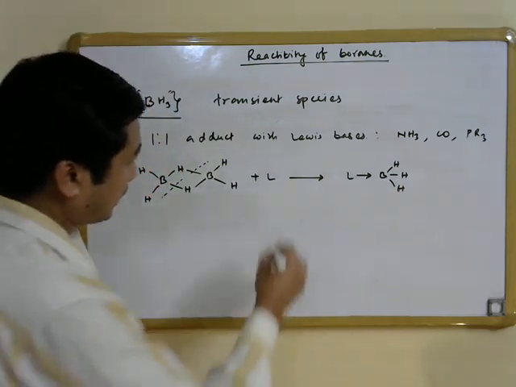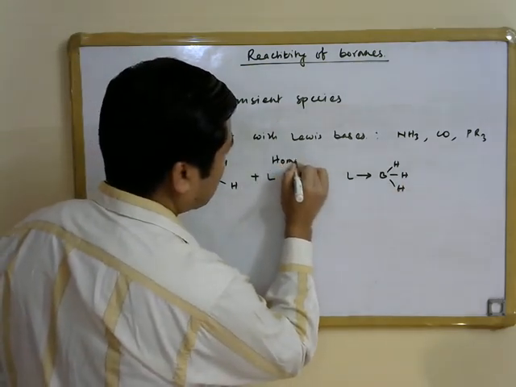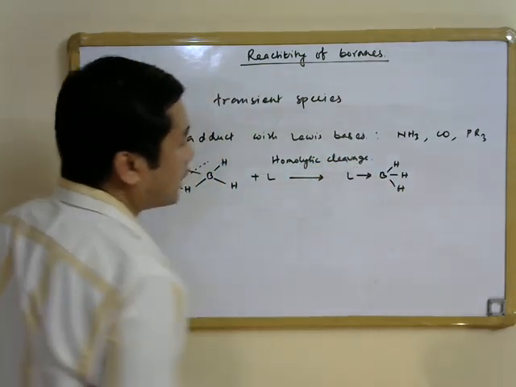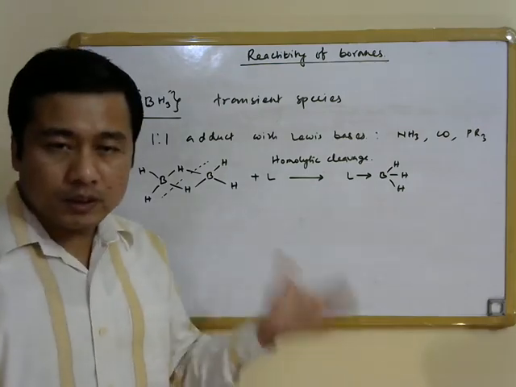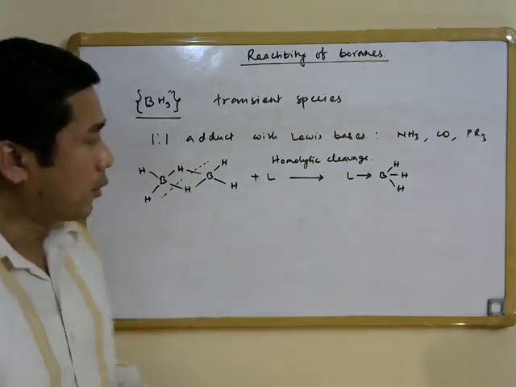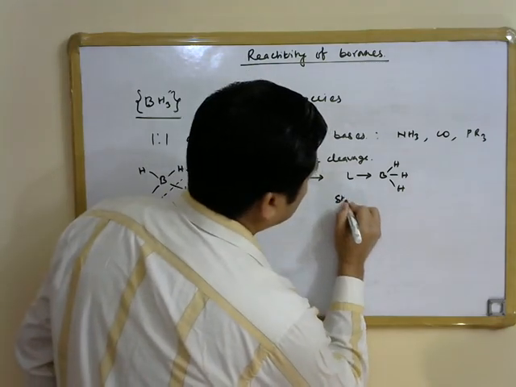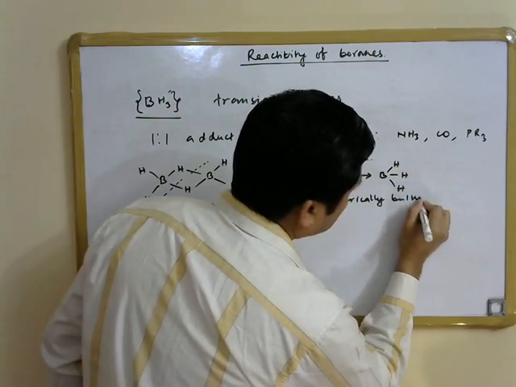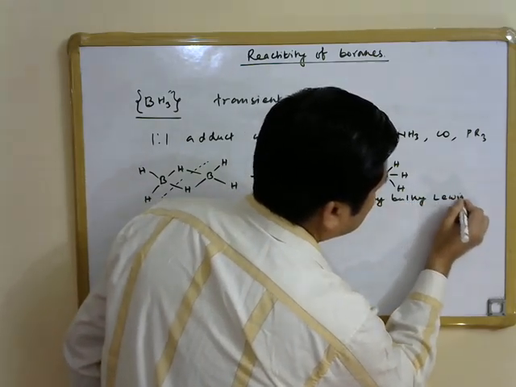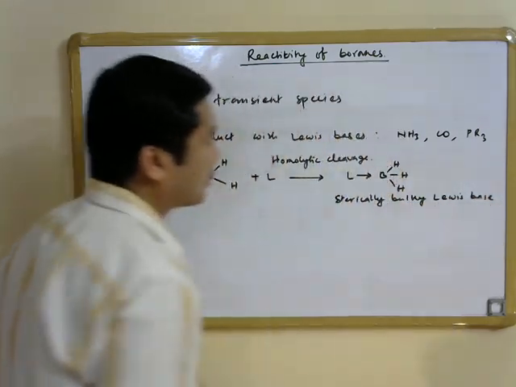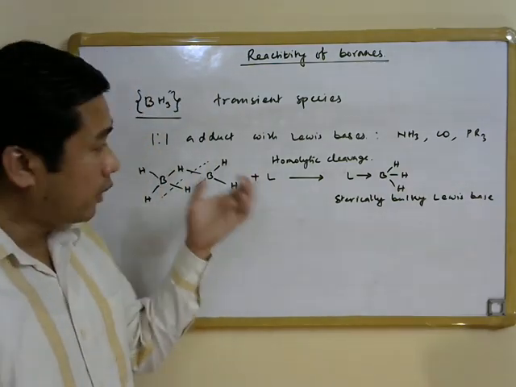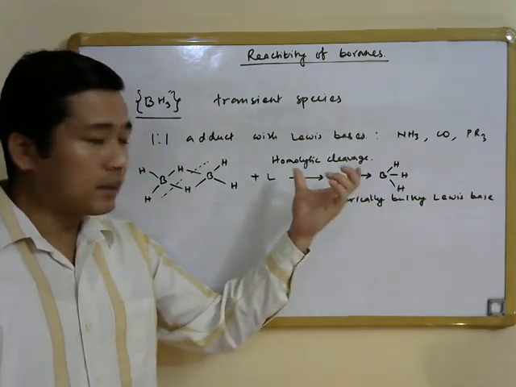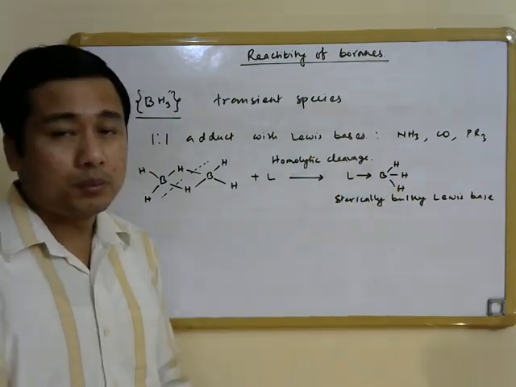So this is homolytic cleavage of diborane. And this happens when the Lewis base that we use is sterically bulky in nature. So when we use a sterically bulky Lewis base, then we trigger the homolytic cleavage of the diborane molecule to give us this sort of 1:1 Lewis acid base adduct of BH3.